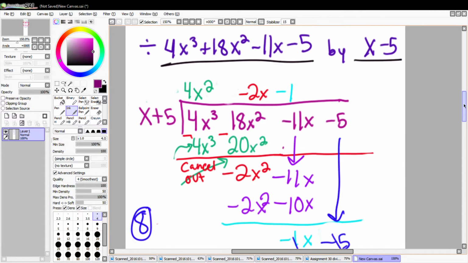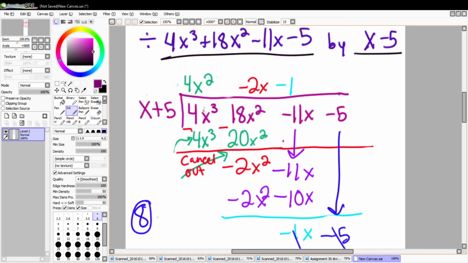So you divide the whole equation, the 4x3, 18x2, -11x, and -5 by your x plus 5. Okay, and then ignoring the 5 right now, how many times does x go into 4x3, or really, what is 4x3 divided by a single x?